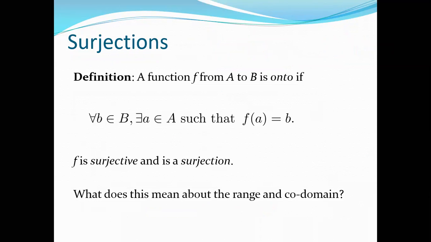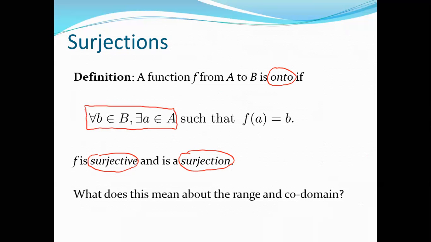Surjection. A function f from A to B is onto, or is surjective, or is a surjection. Hey, that's interesting, right? If you give me any, so think about this. You hand me any element in the codomain.